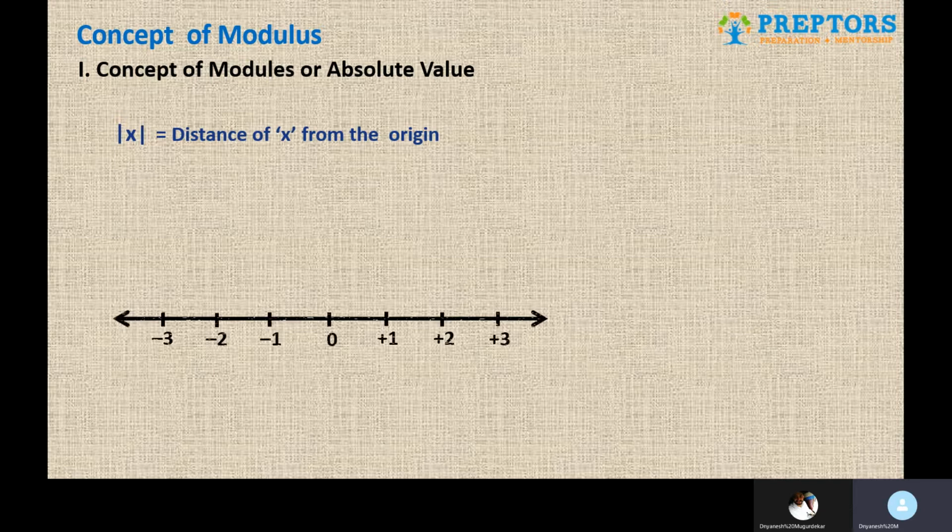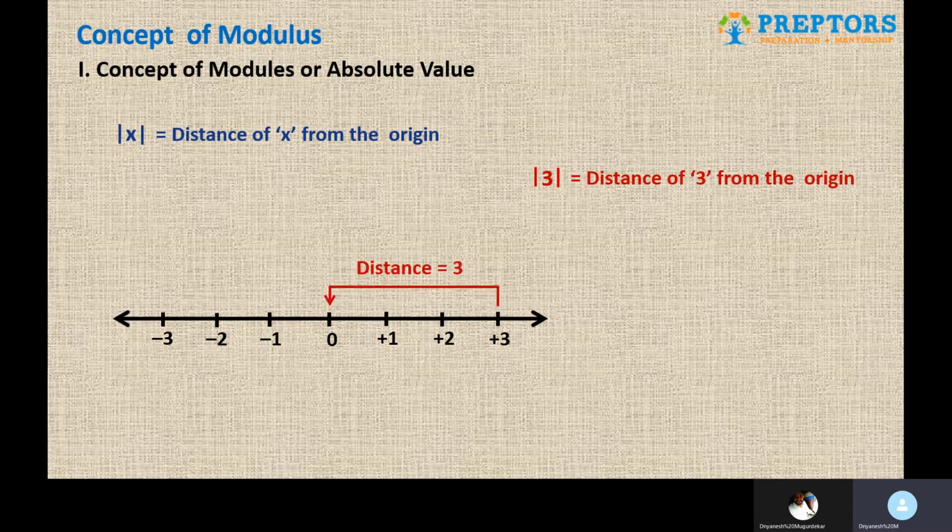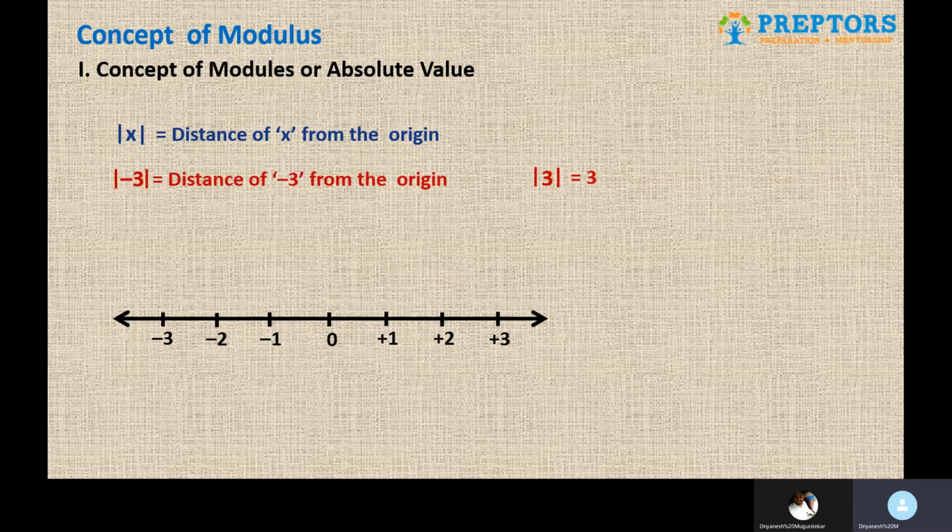So let's start with this. Suppose you take mod of 3, first the definition: distance of 3 from the origin. From the origin, if you take a distance of 3 units, you arrive at plus 3, and hence we write mod of 3 as 3. Suppose you take modulus of minus 3, which is first defined as the distance of minus 3 from the origin. Minus 3 is the point on the left side, origin is 0.